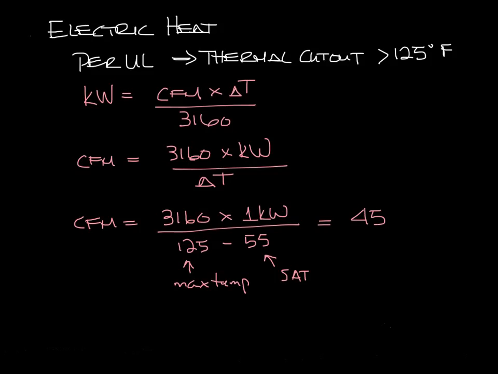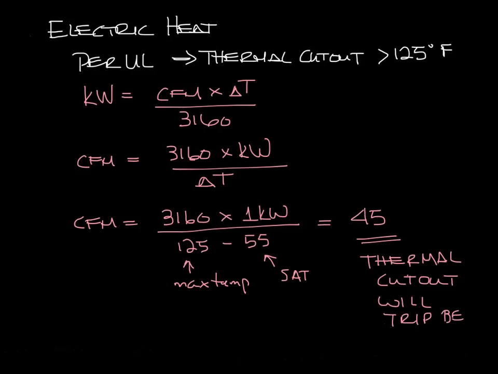Since it's 1 kW, it's basically 45 CFM per kW is where the thermal cutouts will start tripping. So this is the absolute minimum CFM that you can have and not exceed this 125 max temperature.